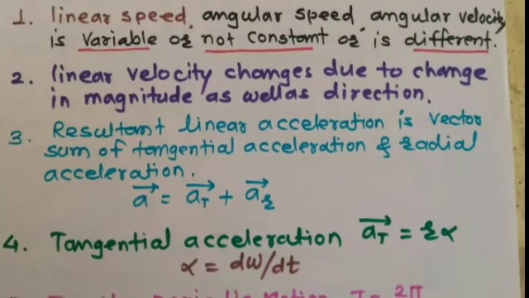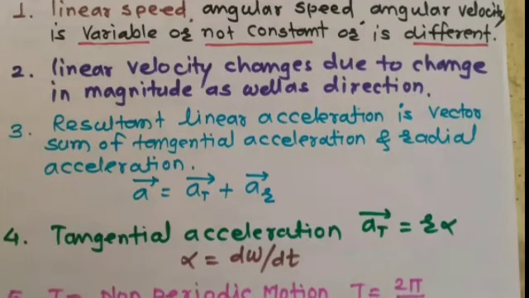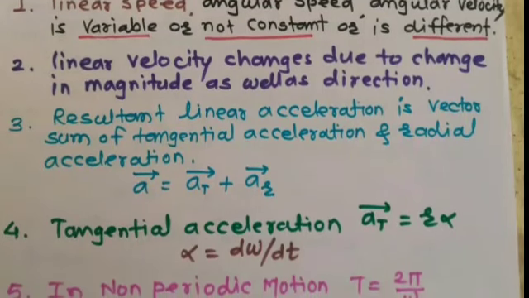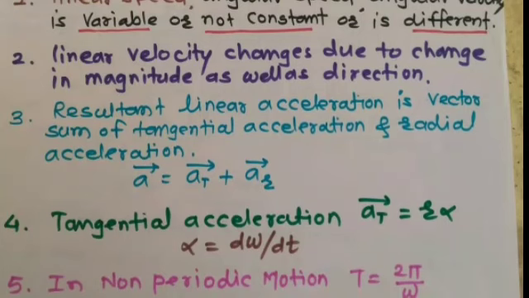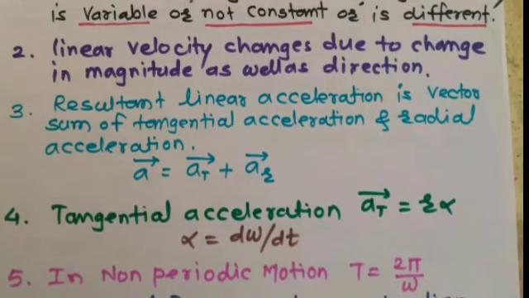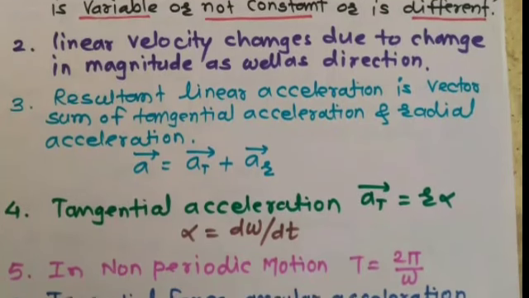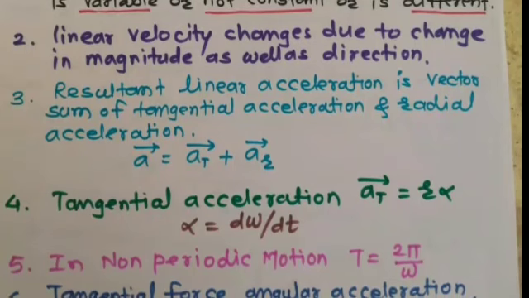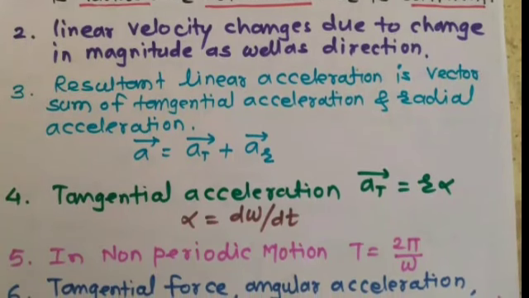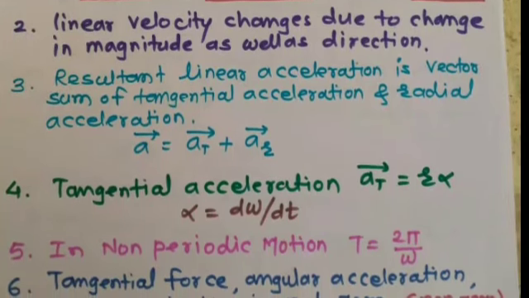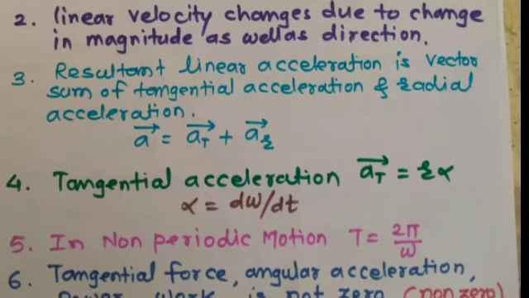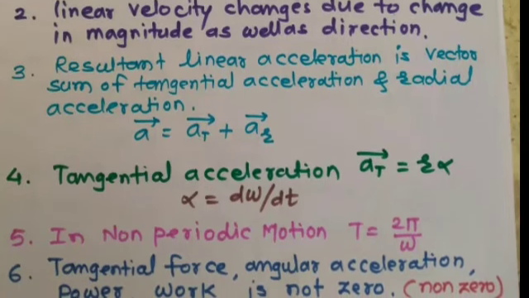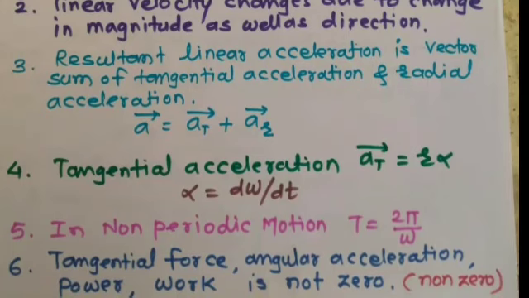Tangential acceleration is A tangential equal to r alpha, where alpha equals d omega upon dt. In periodic motion, capital T equals 2 pi upon omega. Tangential force, angular acceleration, power and work are not zero; they are non-zero.